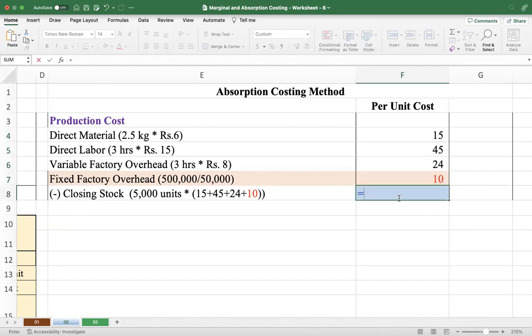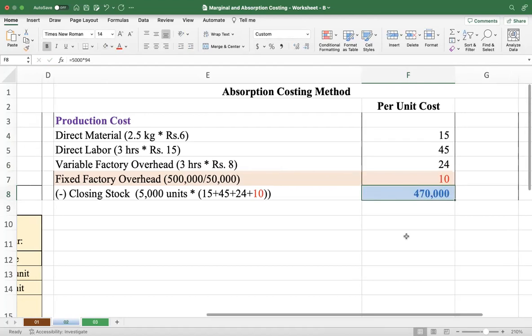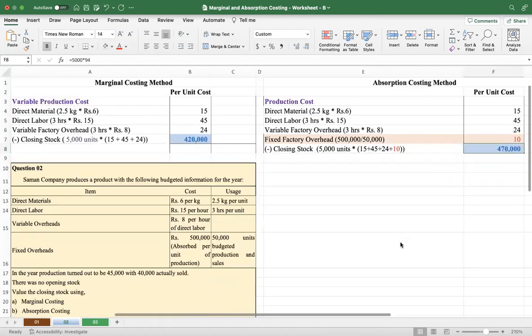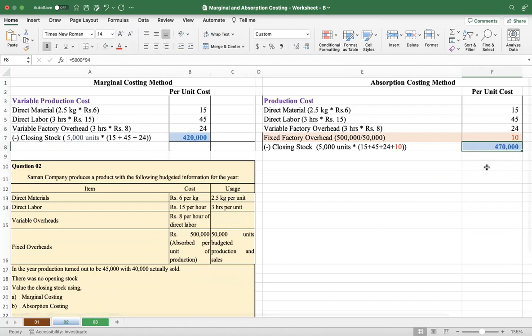Now let's find out the value of closing stock. 5,000 into 94, right? That will be 470,000. Now check here also. Which value is higher? This one, right?